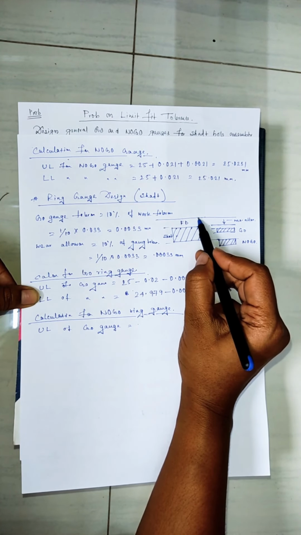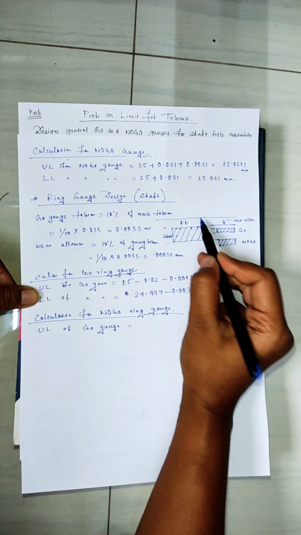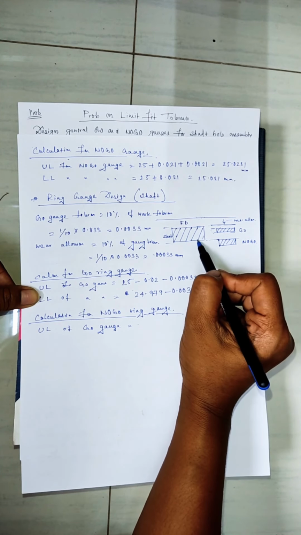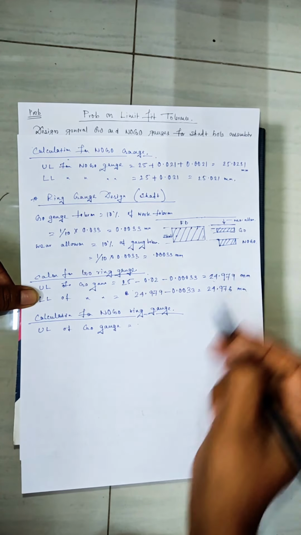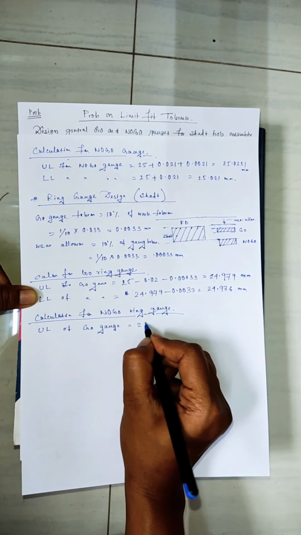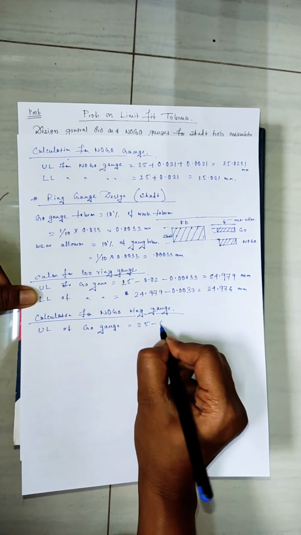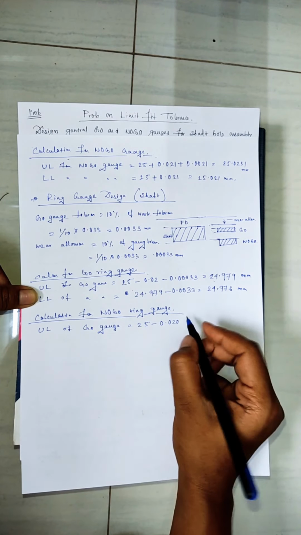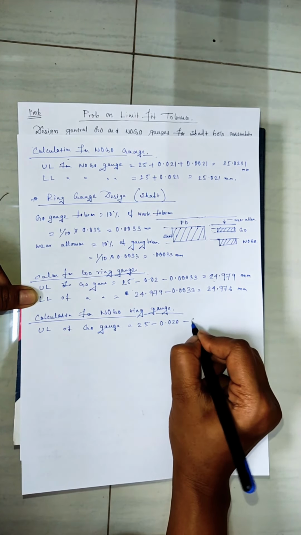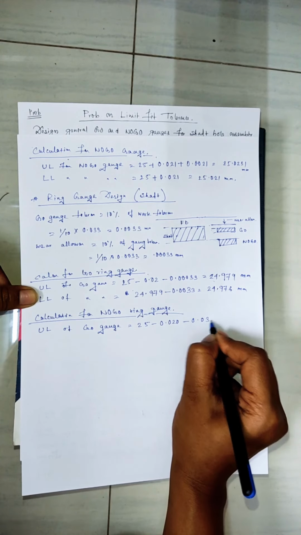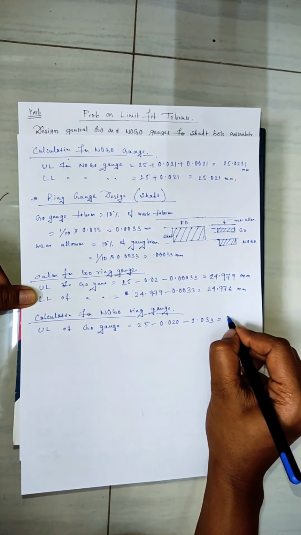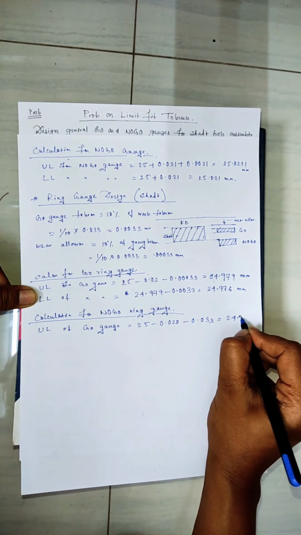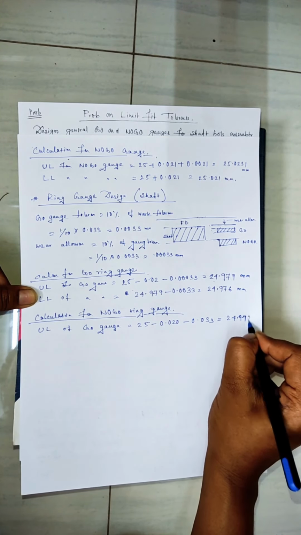Obviously basic size minus fundamental deviation minus shaft tolerance. So basic size is 25 minus 0.020 fundamental deviation minus 0.033, this is the shaft tolerance, that is equal to 24.947 millimeter.